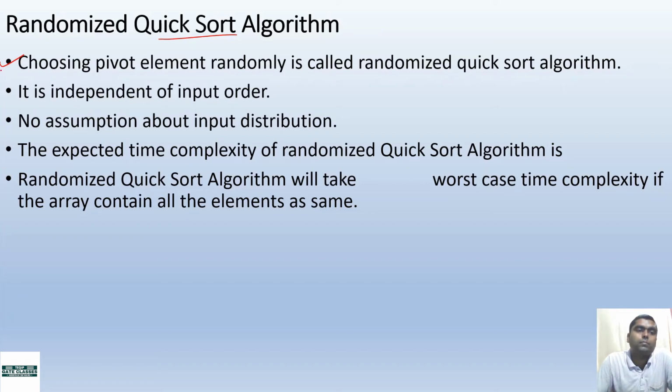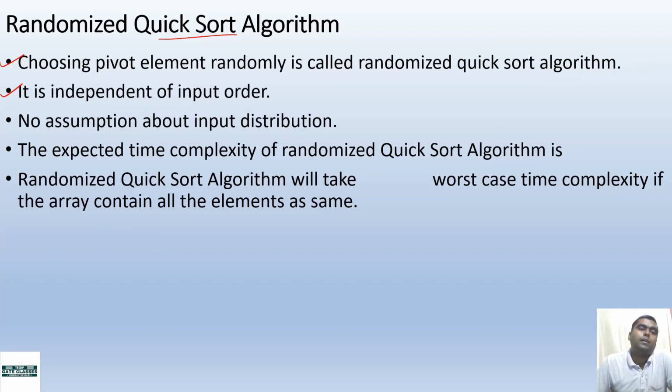So one more beautiful point, that it is independent of what? Independent of input order. Input order can be anything, whether ascending order or descending order, but you have to choose randomly. So the probability is high that the list will be divided in halves, or n by 4, 3n by 4, something like that.